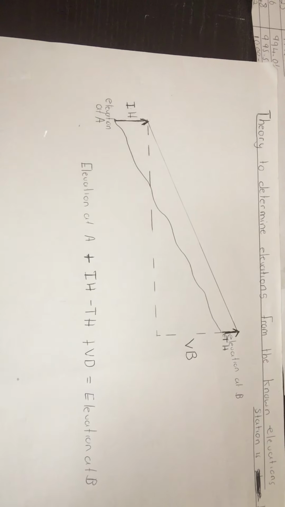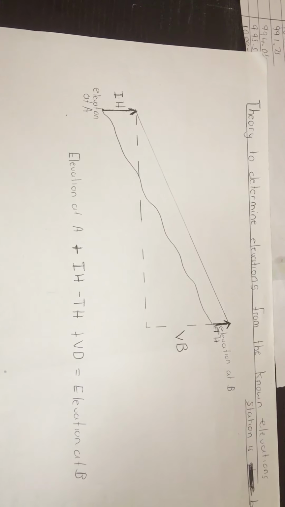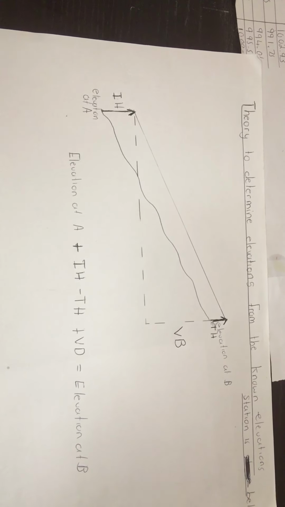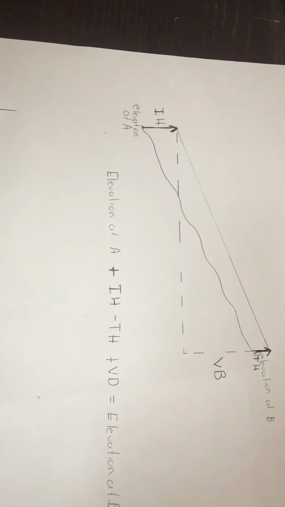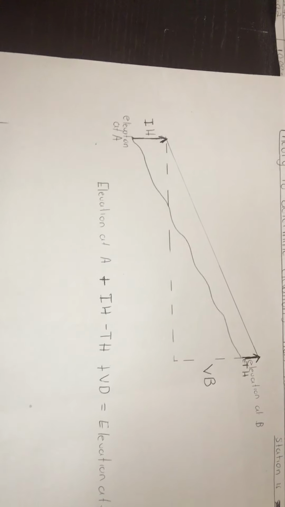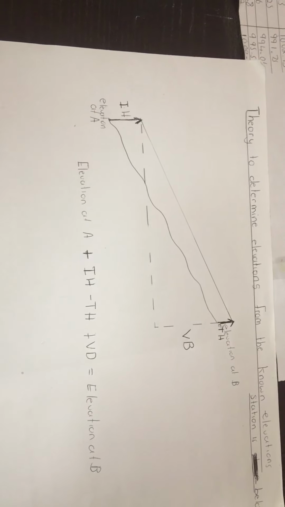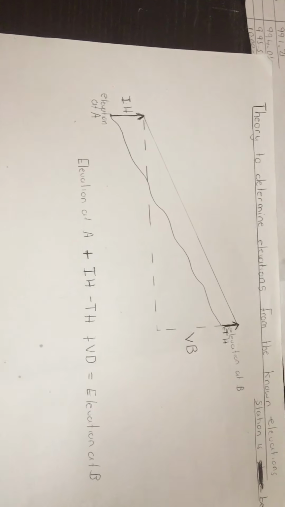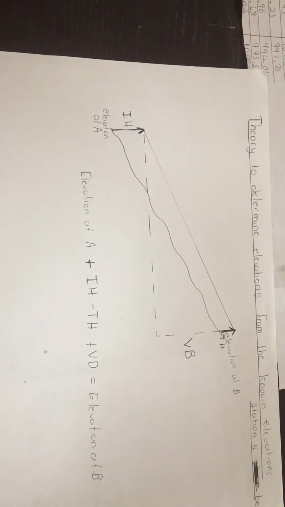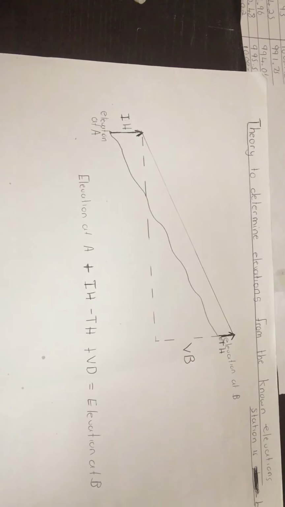But in traverse, you had to move your station from one point to another. In this case, for tacheometry, your station remains in one point and you take readings in various areas to determine elevation on your coordinates. Of course, you'll be using the same instrument to determine such.